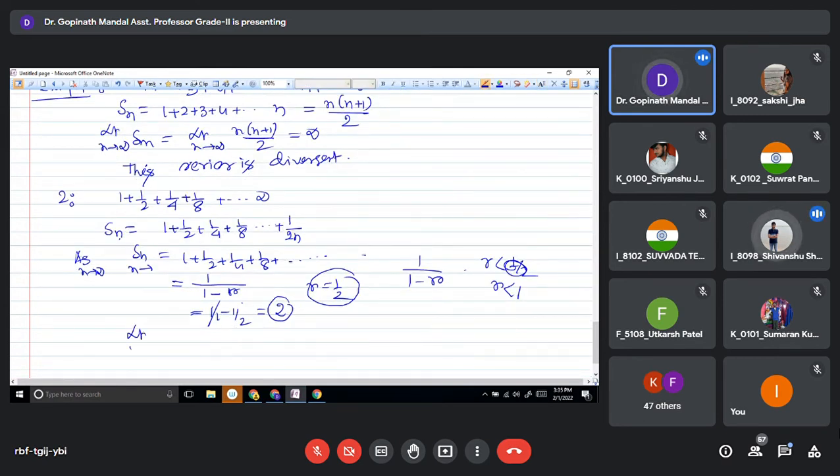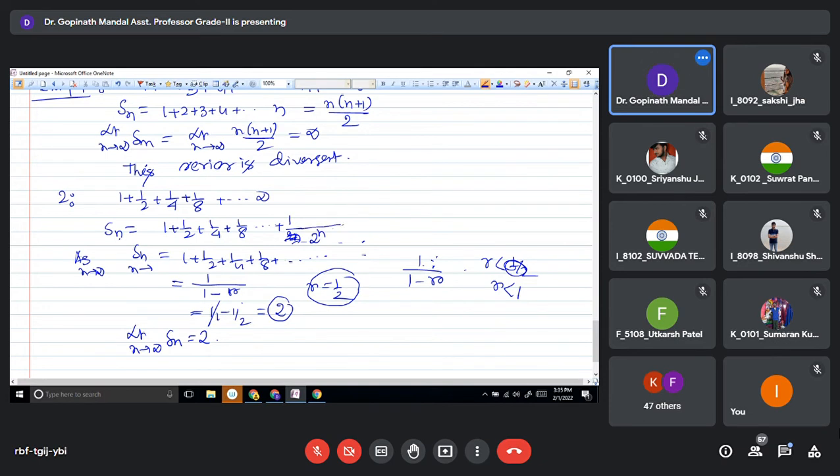In Sn equal to 1 plus 1 by 2 plus 1 by 4 plus 1 by 8, so 1 upon 2 to the power n. Yes, 2 to the power n.